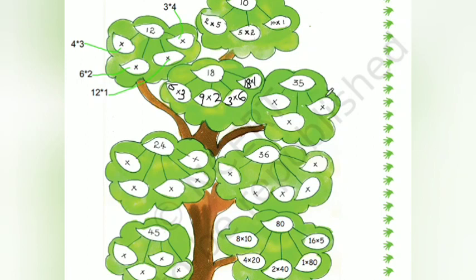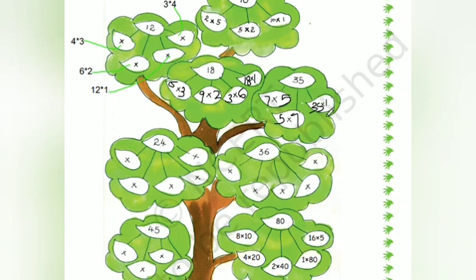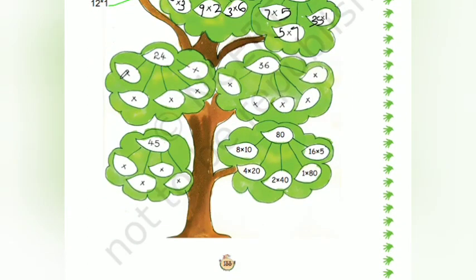Okay, then next is 35. What will be 35? 7 times 5 is 35. 5 times 7 is also what? 35. 35 times 1 is also 35. Next, 24 we have to write.